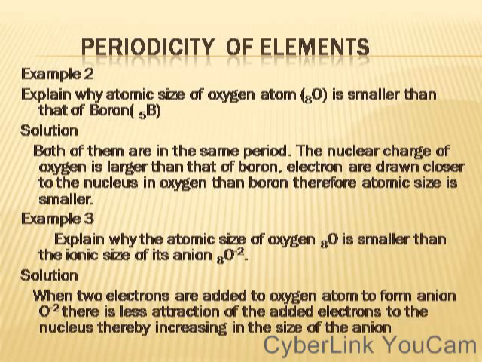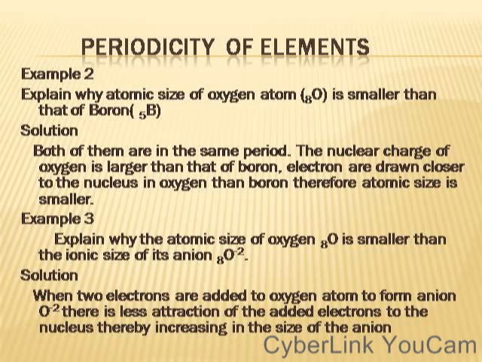Now example 3: explain why the atomic size of oxygen is smaller than the ionic size of its anion. The reason is that the anion of oxygen has accepted 2 more electrons, and these electrons are added to the outermost shell.